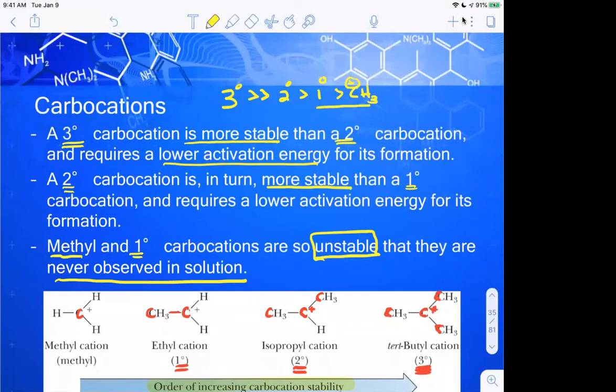These are very unstable, and this is very stable, relatively speaking. The secondary is somewhere in between. But I have this order of reactivity, which helps us to explain things like Markovnikov's rule.